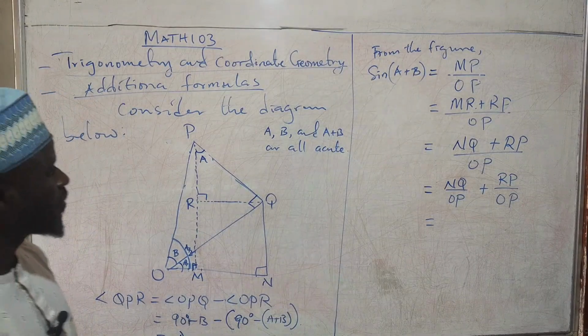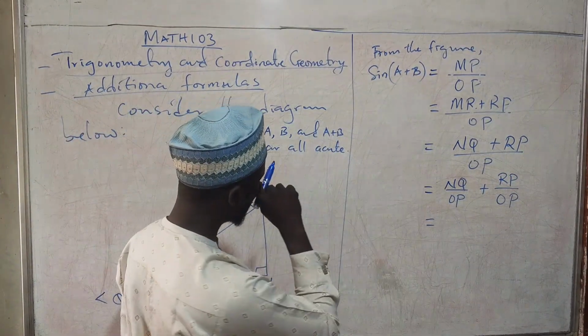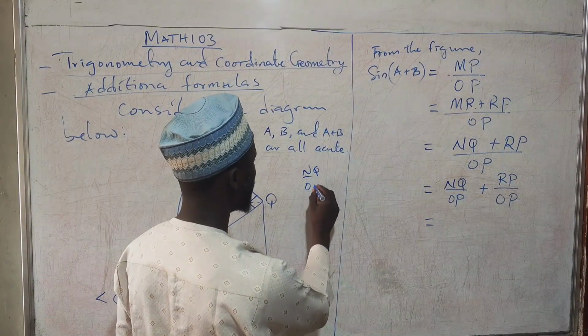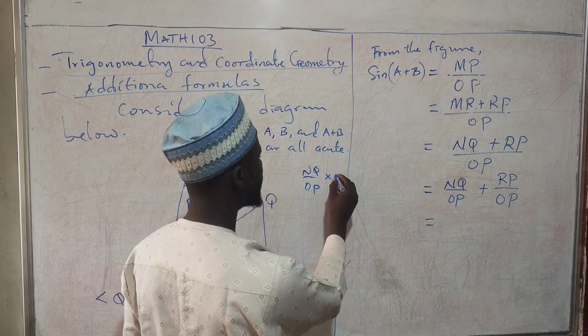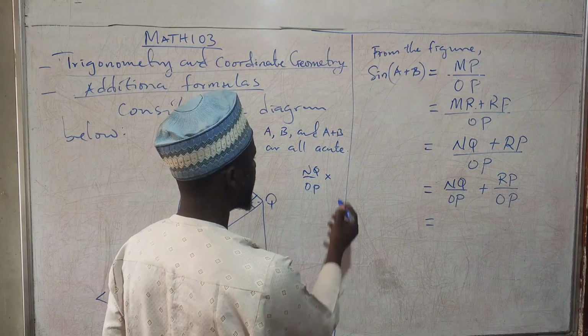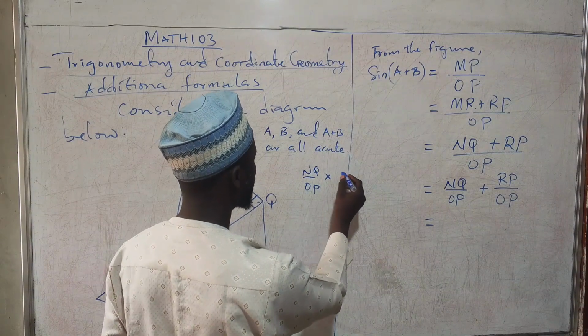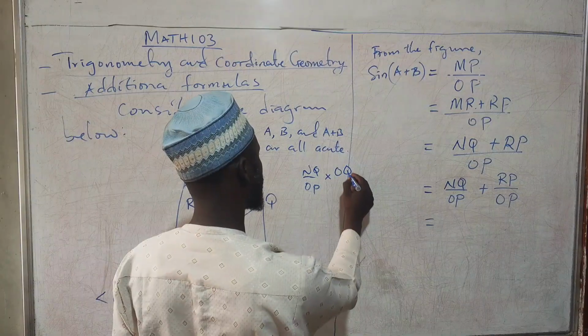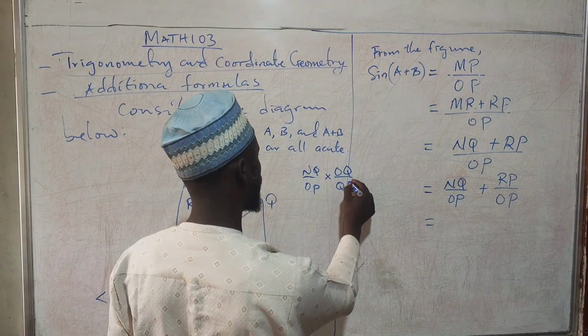you see, if you have this kind of thing, if you have NQ over OP, you can multiply it by any line and divide by that line. You can multiply it by OQ over OQ.